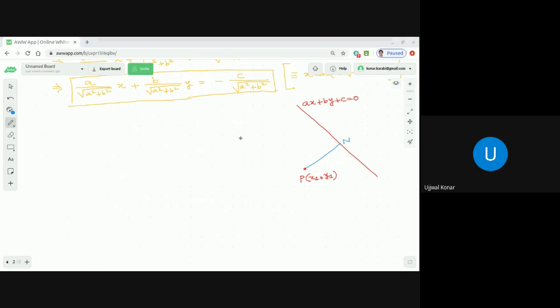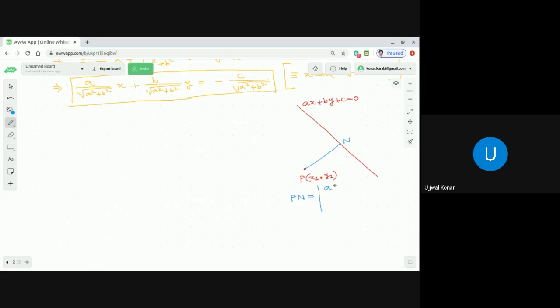Then what is the value of PN? The value of PN, that is the length of the perpendicular drawn from that point to the straight line, is equal to the mod value of ax plus by plus c.